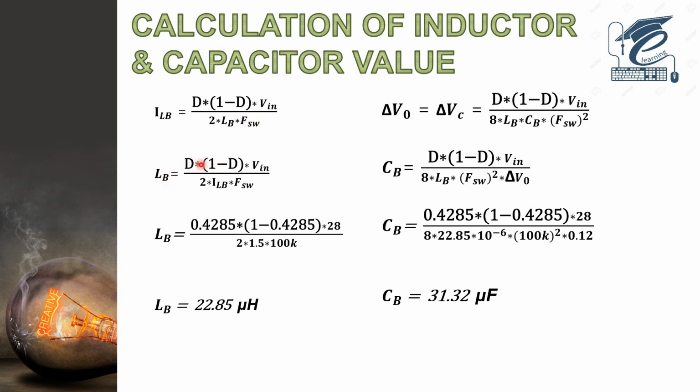When you put in the values, as we have already calculated D, V in is already given, and delta IL we have calculated in the previous part, and the switching frequency as we know is 100 kilohertz, LB comes out to be 22.85 microhenry. Similarly, the output voltage ripple, as we have calculated, comes out to be 0.12 volts. Using this formula, when we calculate it, the capacitor value at boundary will come out to be 31.32 microfarad.